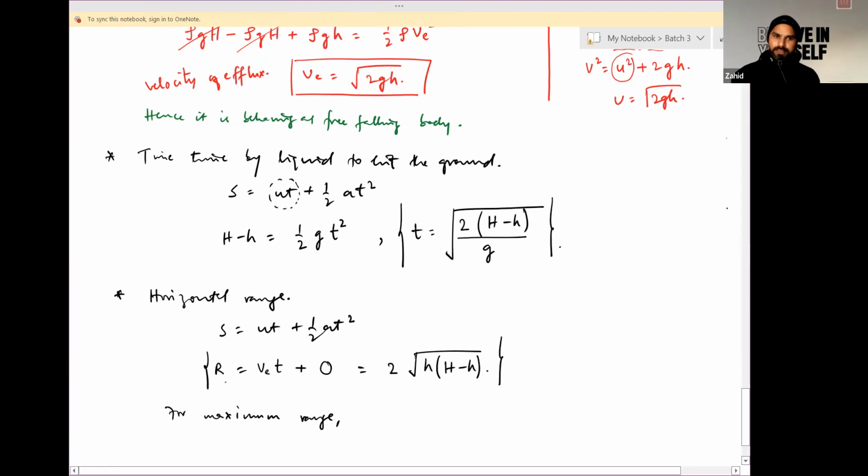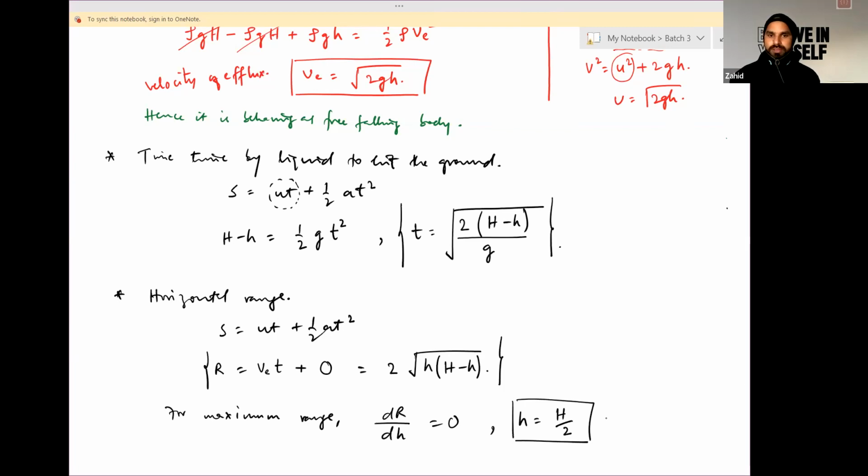Similarly, here we have to calculate maximum range. So just differentiate this range with respect to h and put it to 0. You will get h equals H by 2. It means if a hole is made at the midpoint of the tank, you will get maximum horizontal range. Is it clear?